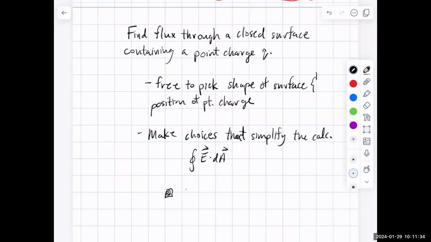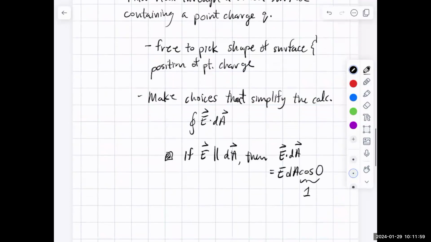Okay, so if E is parallel to dA, then this E dot dA is going to be equal to E dA cosine, and if they're parallel, the angle between them is 0. And cosine of 0 is going to be 1. And so we just get E dA.